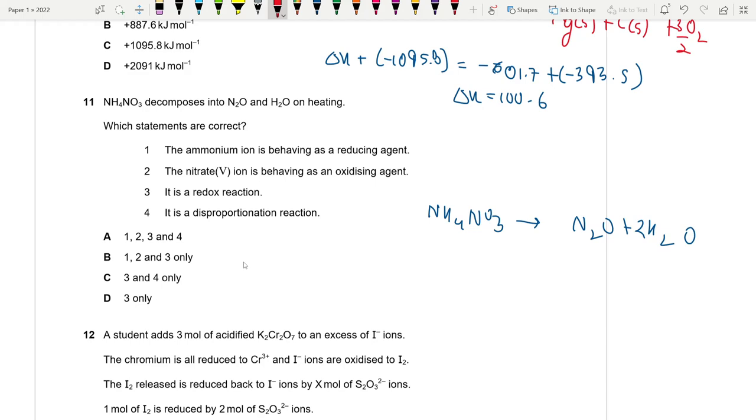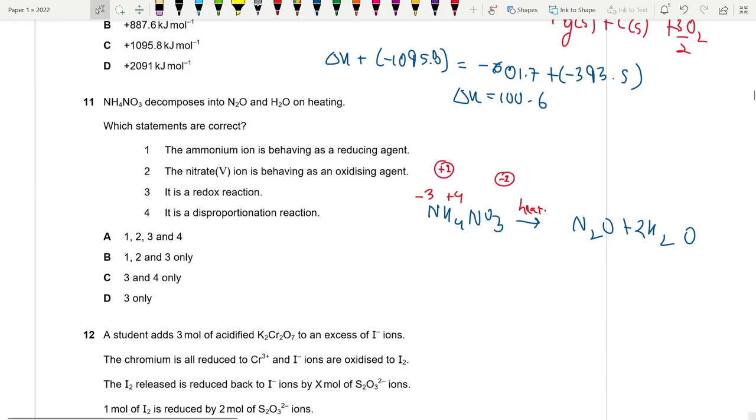So we are breaking this down with the help of heat. Here in ammonium, the oxidation number, this is plus 4, this is minus 3. So ammonium has a charge of plus 1. And in nitrate, it has a charge of minus 1, right?